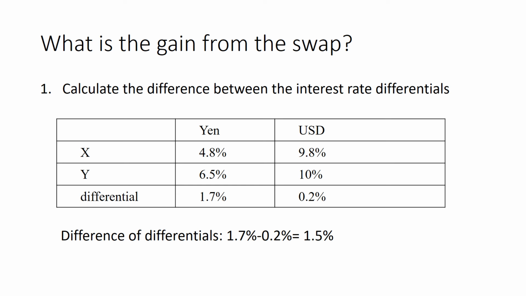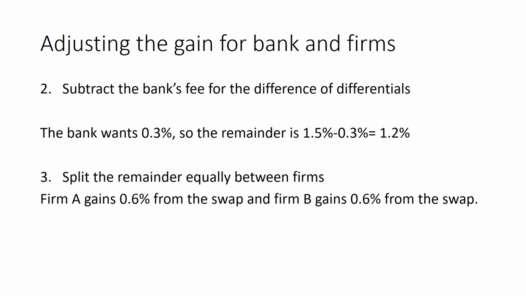The gain from the swap is found by calculating the difference of differentials. So to find out the comparative advantage, we have calculated two differentials between interest rates in each market. The difference between them is the gain of the swap. After you have found the gain of the swap, you need to subtract the banker's fee.